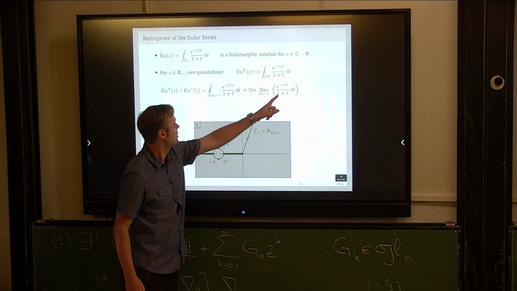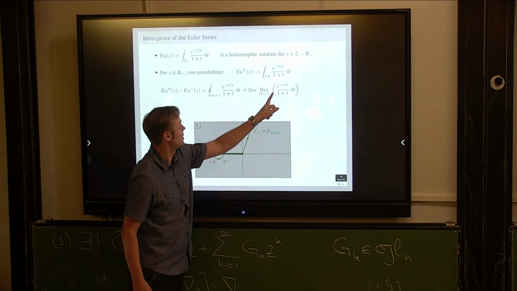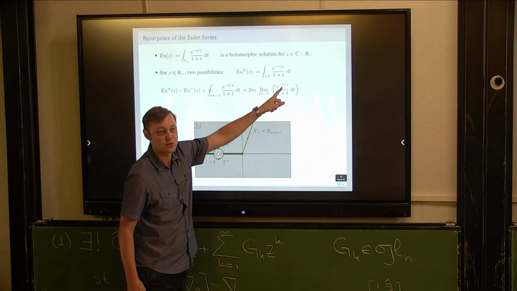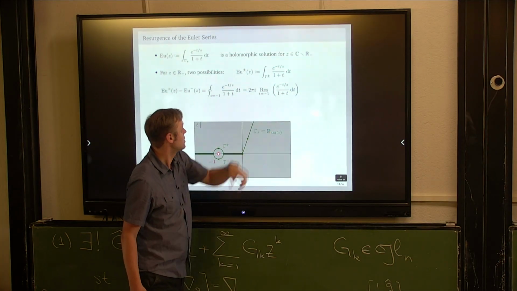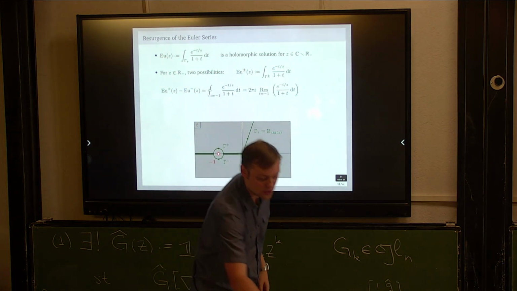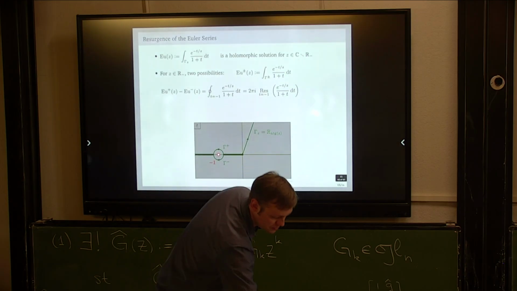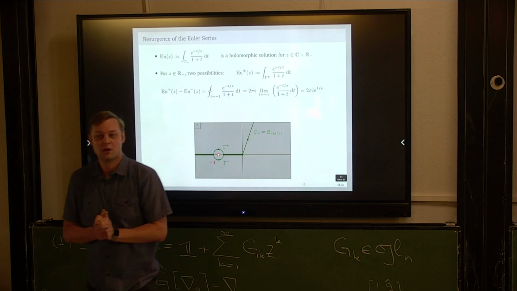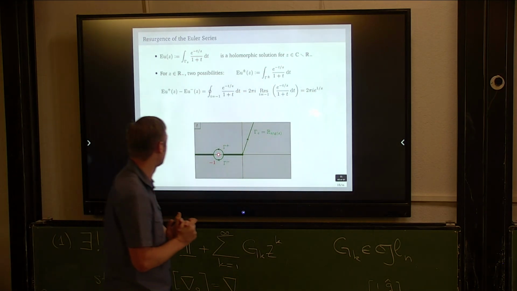You remove the denominator, and you just plug in t equal to -1, where you're computing the residue. What do you get? There's a 2 pi i factor as usual, and you just get 2 pi i times e to the 1 over z. That's the residue.